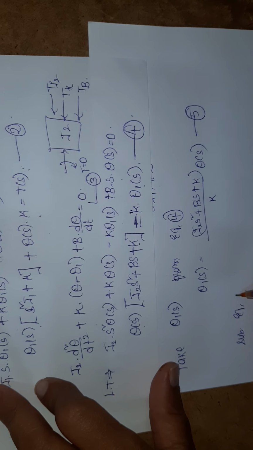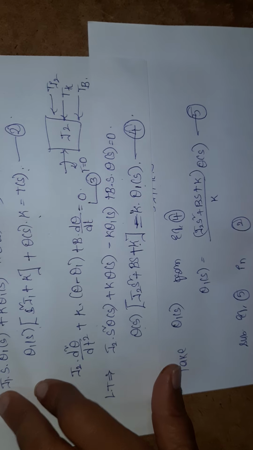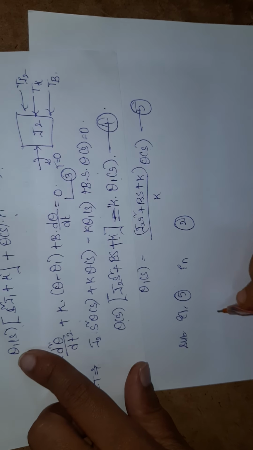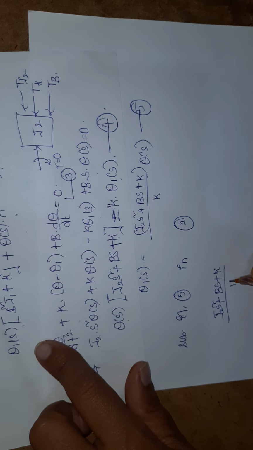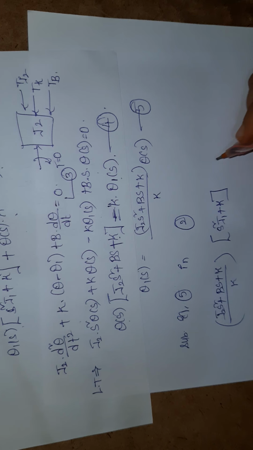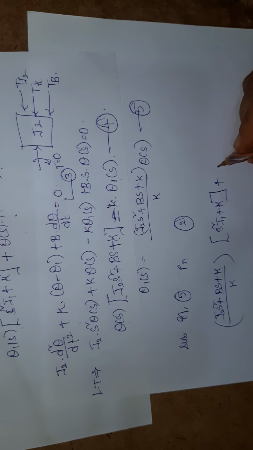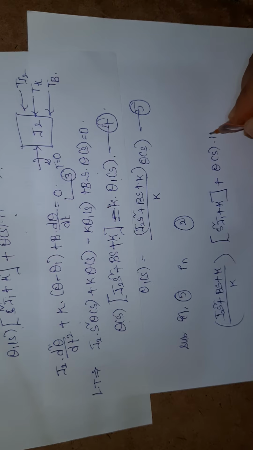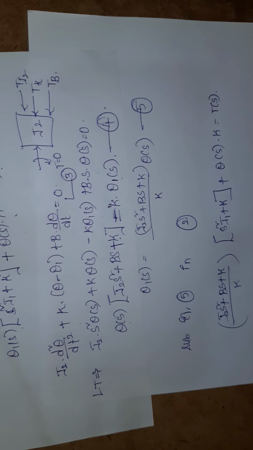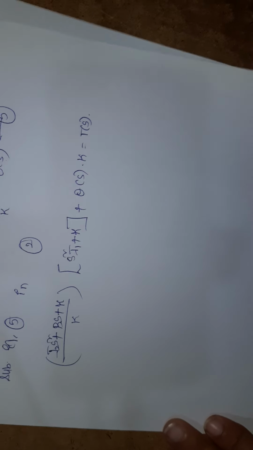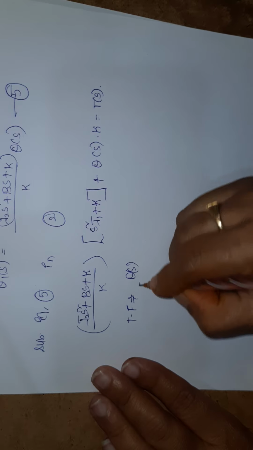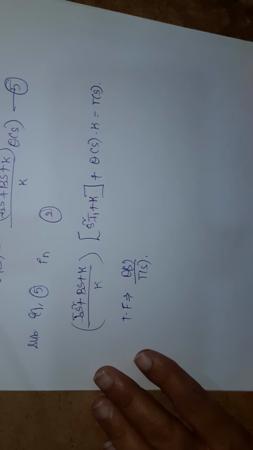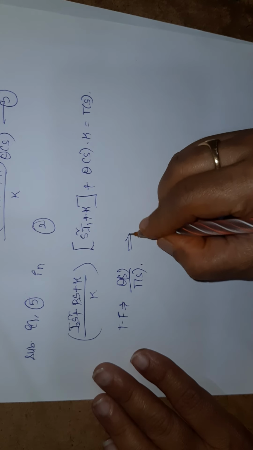Substitute equation 5 in 2. So here theta 1 of s is J2 s square plus bs plus k by k, into s square J1 plus k, plus theta of s into k is equal to T of s. Now you have to simplify to get the transfer function, theta of s by T of s.